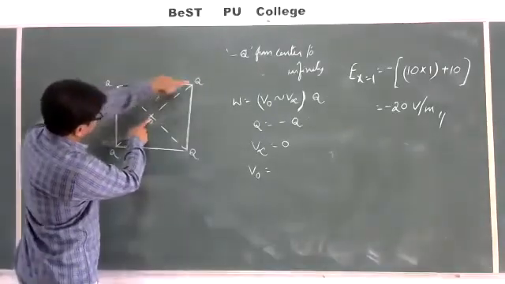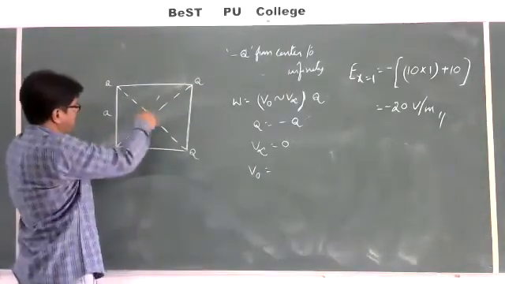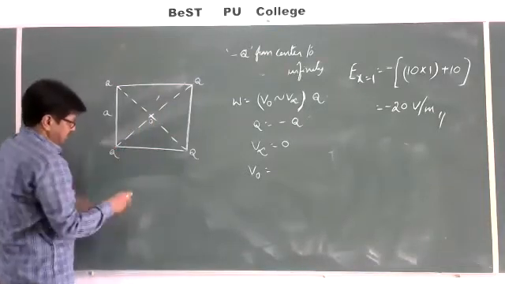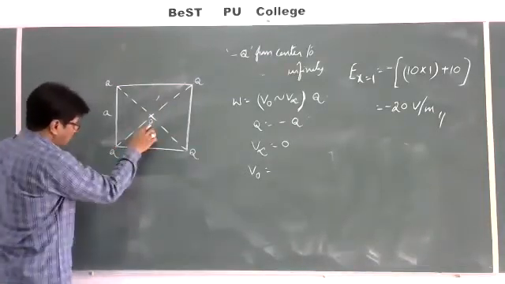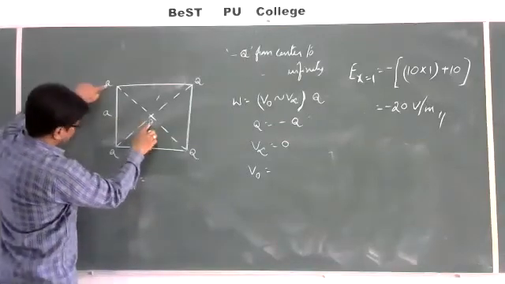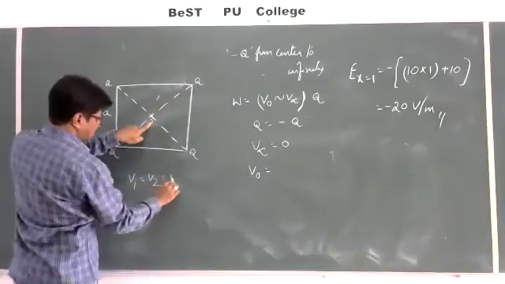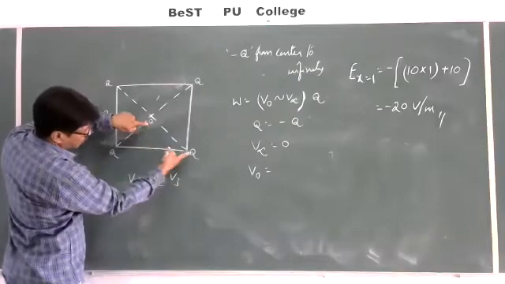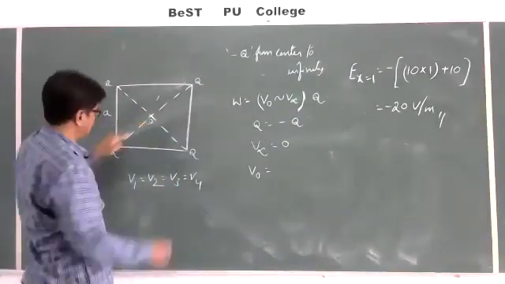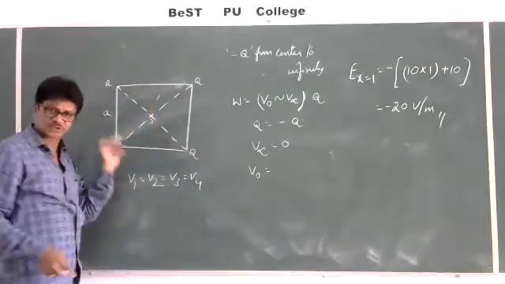In all the 4 cases, the charge is same and the distance is also same, so the potentials at O because of each charge are equal.